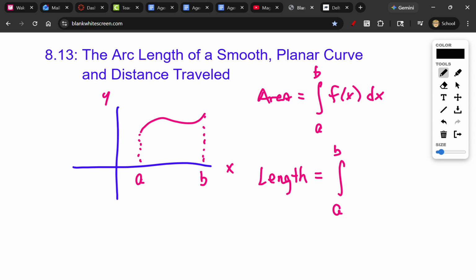And we'll take a look at just one little piece of this, maybe just this little piece right here. And we'll call the width of that piece the dx. So that little piece from here to here, we'll call that dx, right?